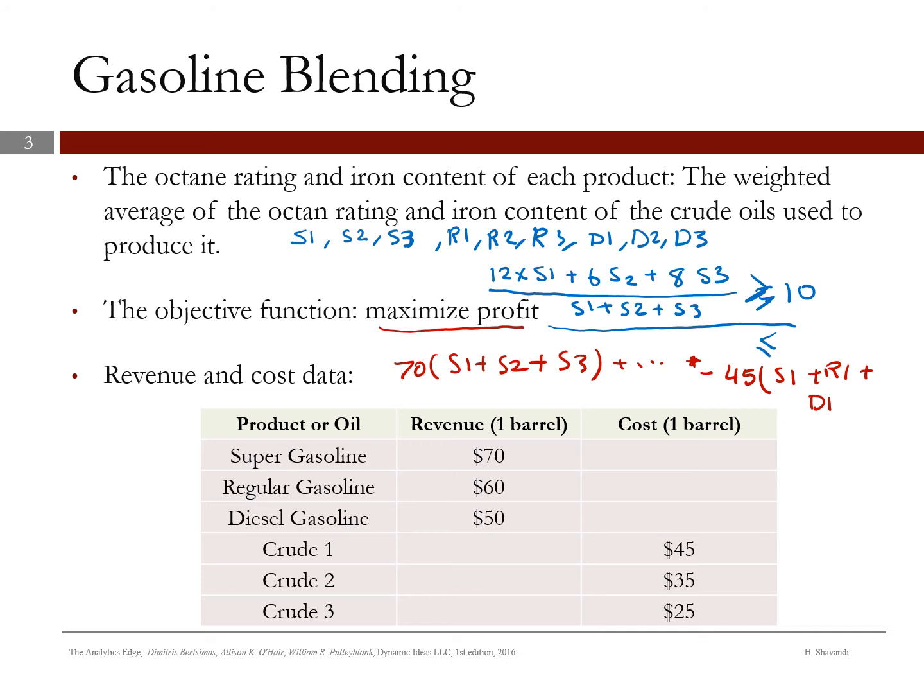So this would be the total amount of crude oil type 1 that we are using to produce the products. This total amount should be multiplied by its cost, which is 45. And again, we would have the same terms for other crude oil types. By this formulation approach, we can formulate our problem in terms of a linear programming model.